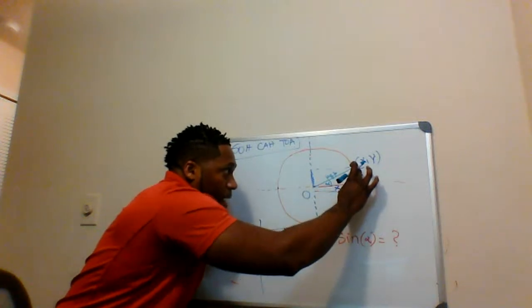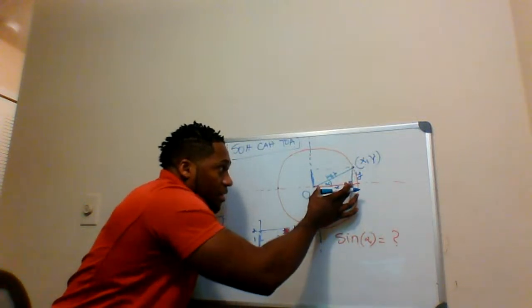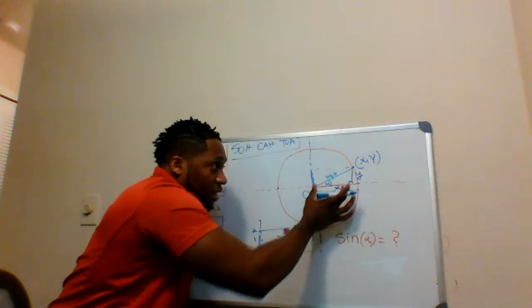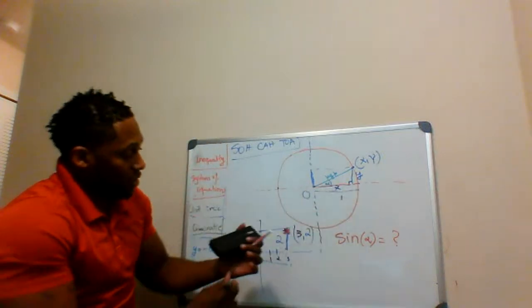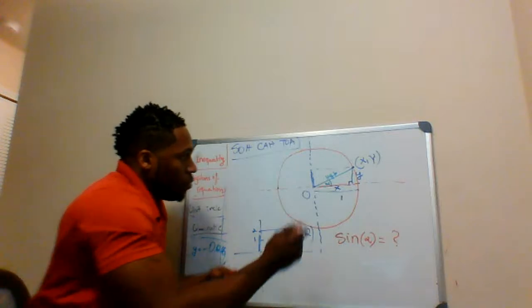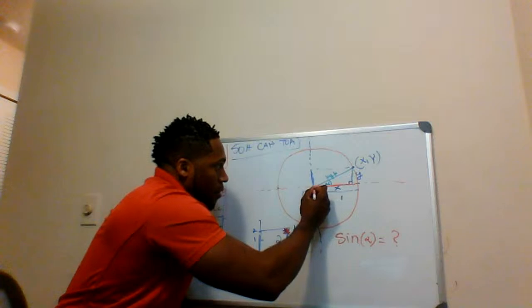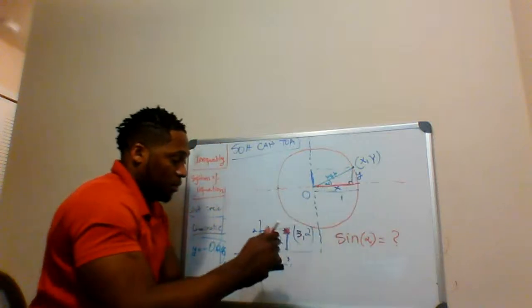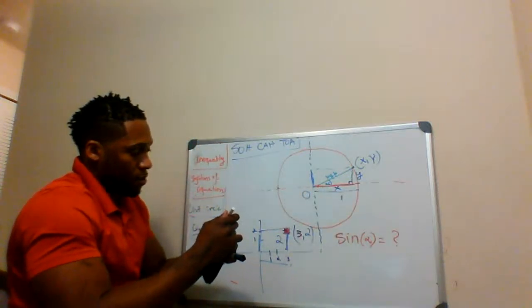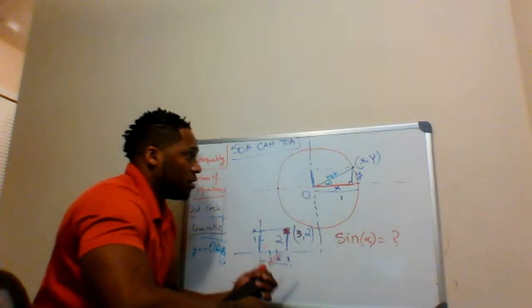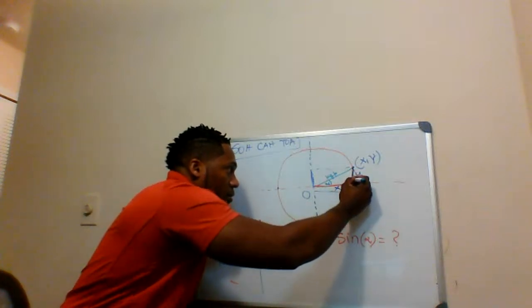And this is the opposite side. And this is the adjacent side of the angle alpha. So considering the triangle here, one part is red, one part is blue, and then one part is dark blue, one part is light blue.